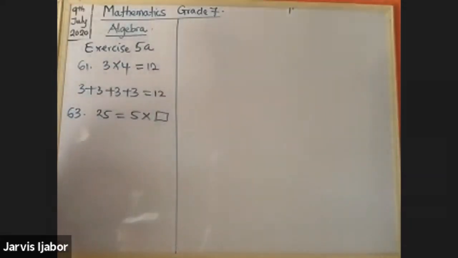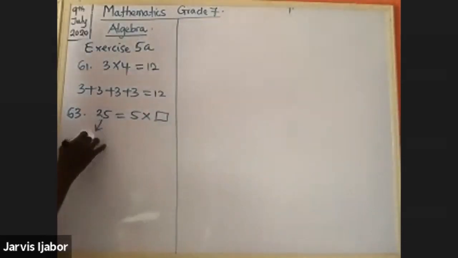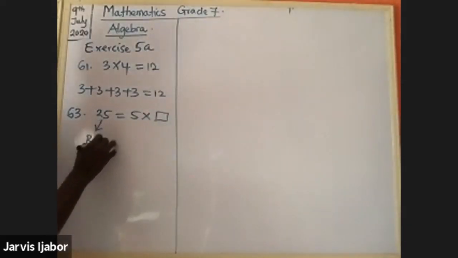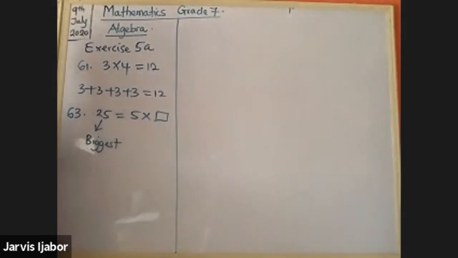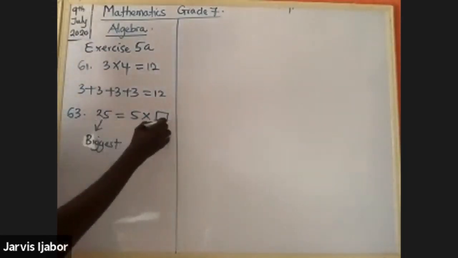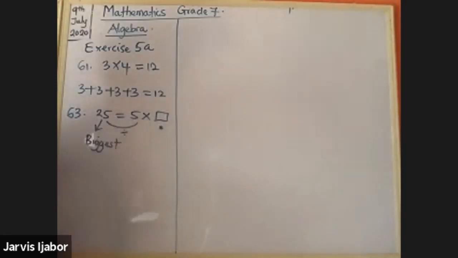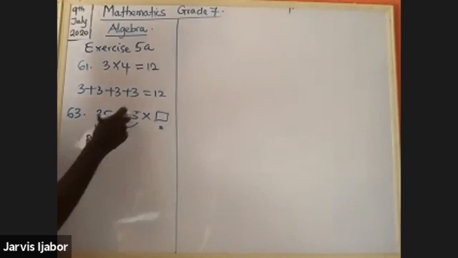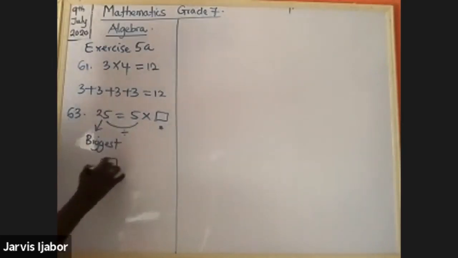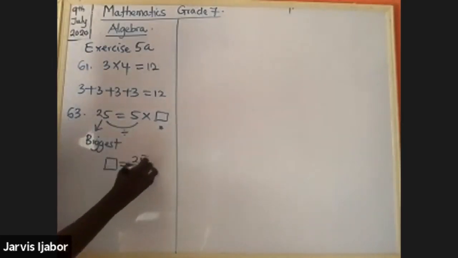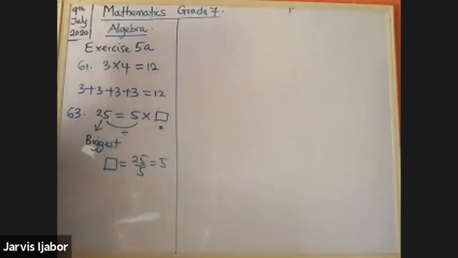But when you come to 63, it says 25 equal to 5 times box. Now, when you multiply a number, you attain the biggest. So to get this one, you have to divide the biggest over any other thing. So box will mean 25 divided by 5. My answer will be 5.